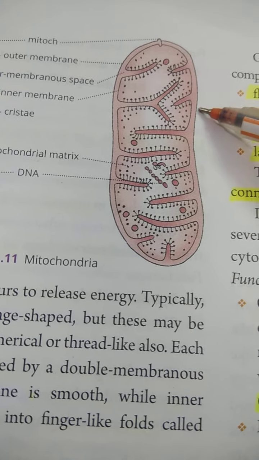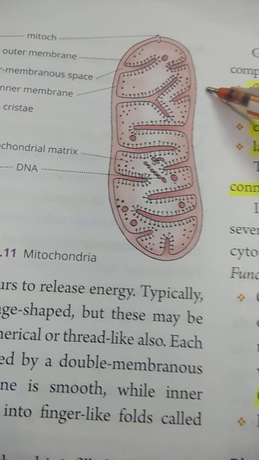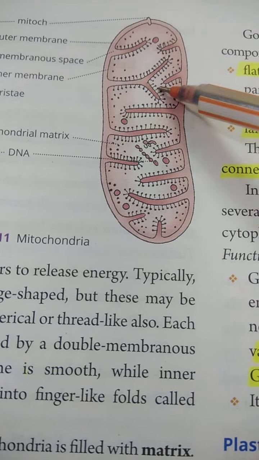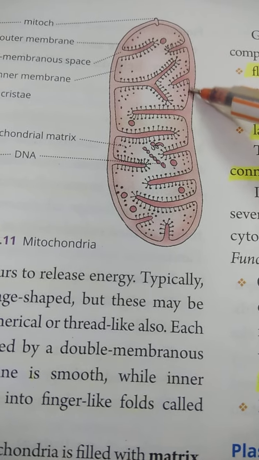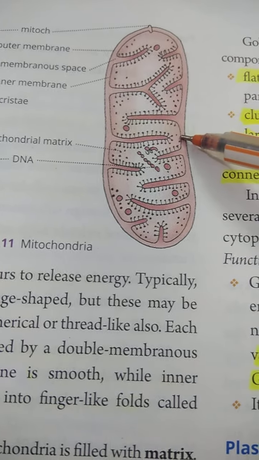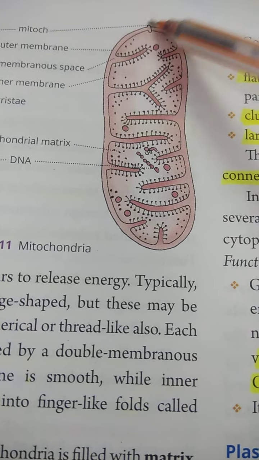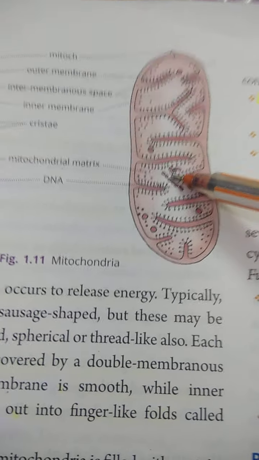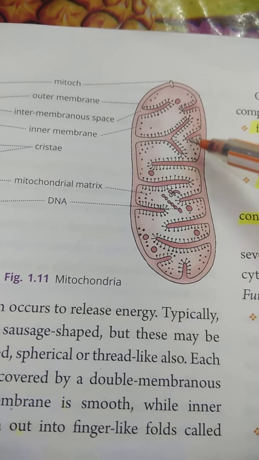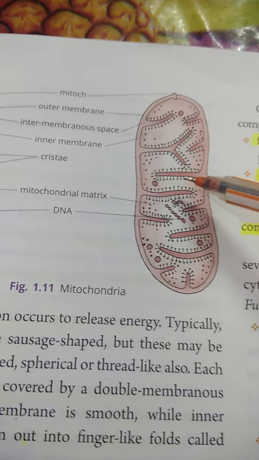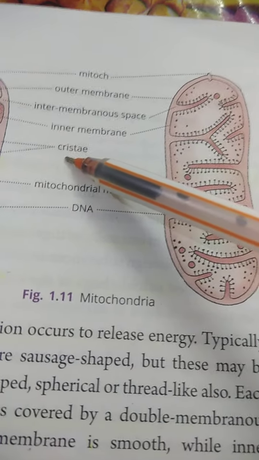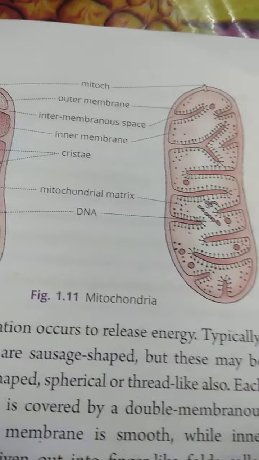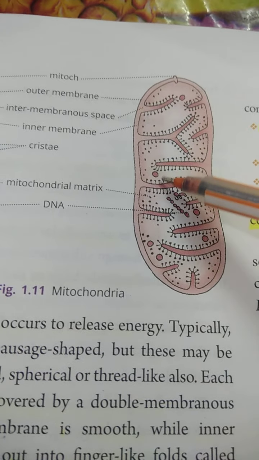The outer one is smooth, and the inner one is folded like here. They fold inside and form finger-like projections. Here you see on both sides they form finger-like projections, and these projections are known as cristae.